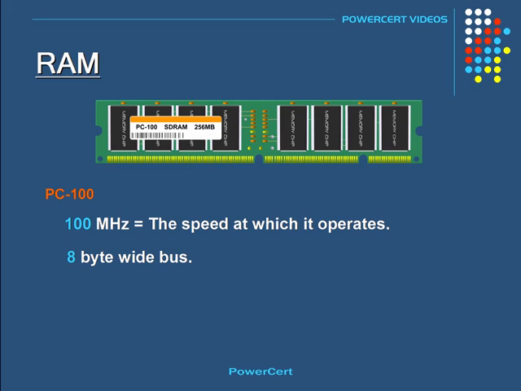So to figure out the total bandwidth of PC100, you multiply 100 megahertz times 8 bytes, which equals 800 megabytes per second. So the total bandwidth of PC100 equals 800 megabytes per second. So in other words, PC100 RAM can transfer data at a maximum rate of 800 megabytes per second.